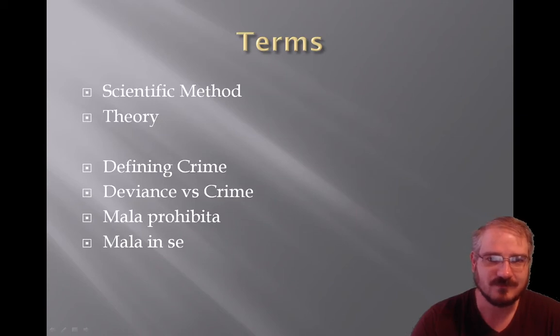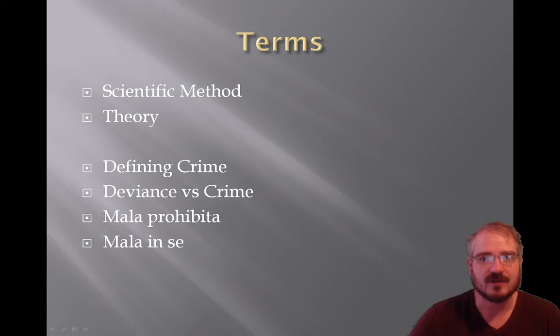Okay? So first, if we're talking about criminology, we have to talk about science because criminology is a science. There are lots of people who can attempt to explain crime in a non-scientific way, religious leaders, philosophers, whatever, and that has its place. But in criminology, we try to do it using science, using research, testable scientific hypotheses and all those things.